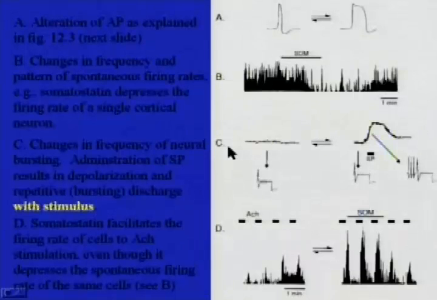So in panel C, let's just go ahead and take a look at it. Changing the frequencies of neuronal bursting, so a change in the firing pattern in response to a stimulus. So first we see the membrane potential. So let's in our mind imagine the scales that we would have here.